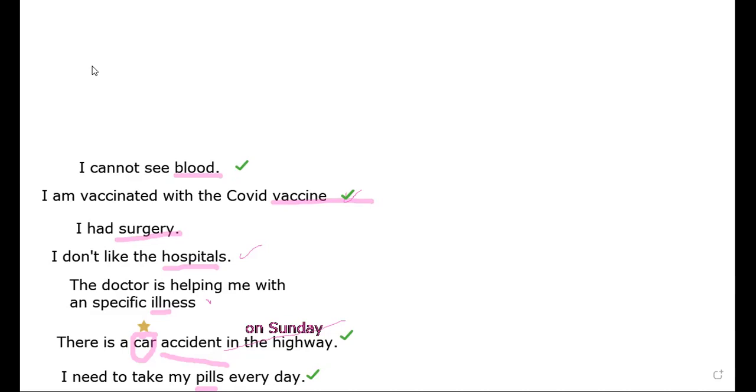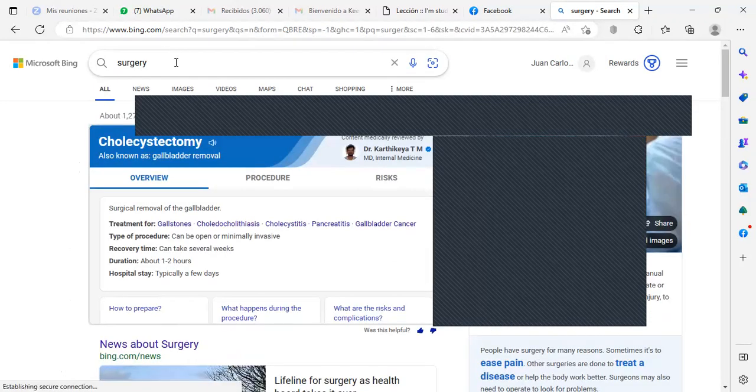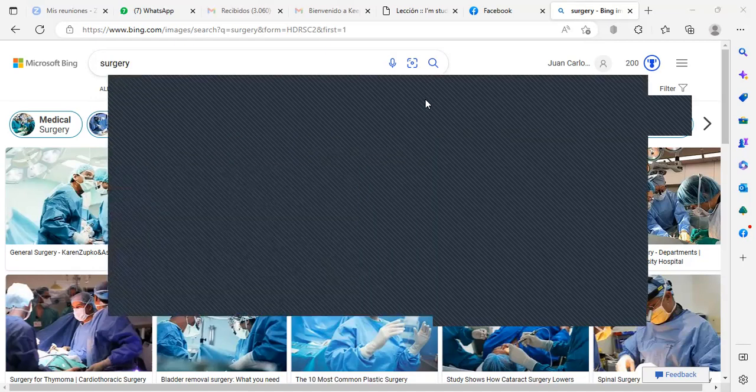Surgery is when you go to the hospital. For example, when I had my babies, I got a surgery. They opened my stomach and the doctors did a surgery to me. It can be any part of your body, an eye surgery, a stomach surgery, a heart surgery.